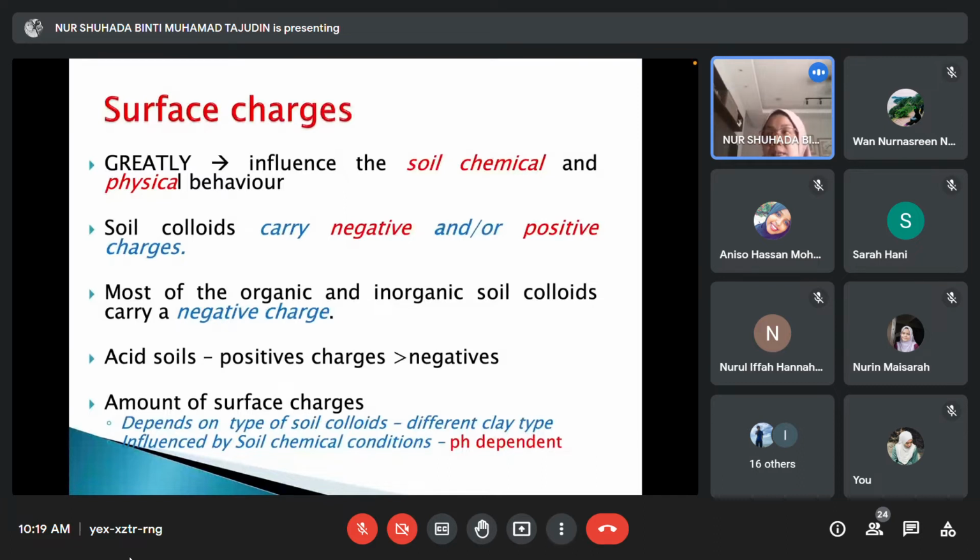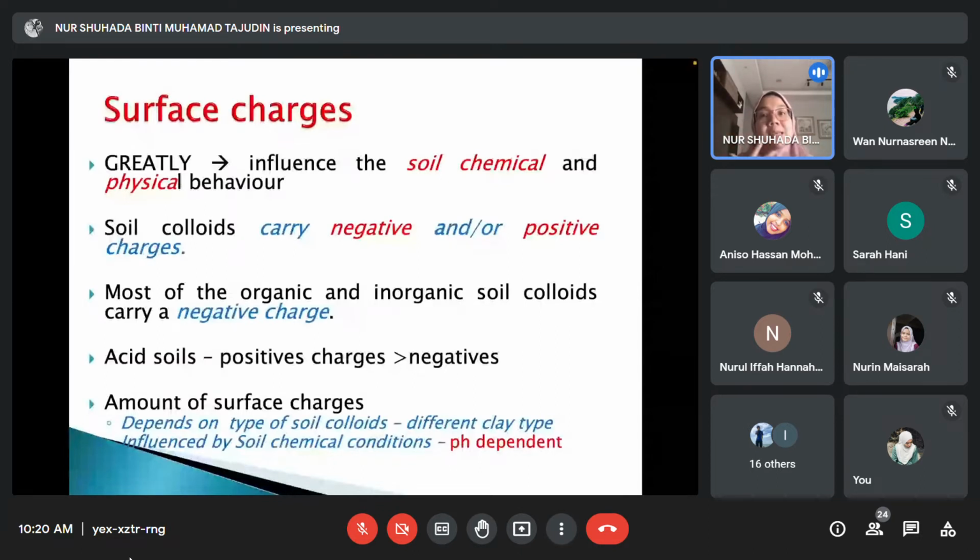For example, kaolinite is not good at exchanging nutrients. Nutrients have to be easily held and easily released. Kaolinite can trap nutrients, but it cannot release them well to the plant. It holds them tightly. So a good type of clay, a good type of colloid, is exchangeable.